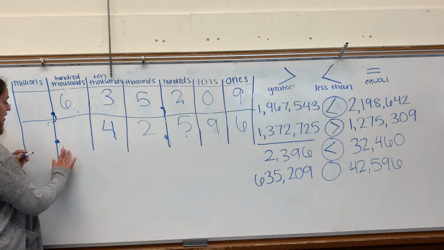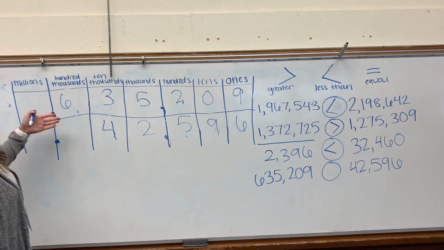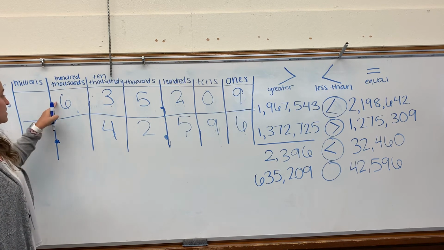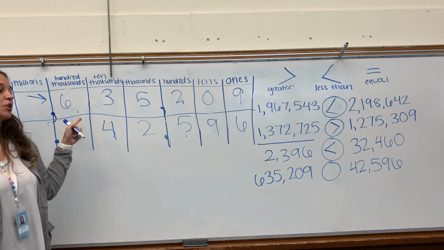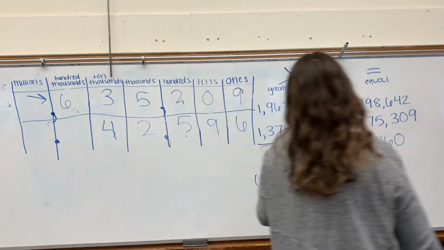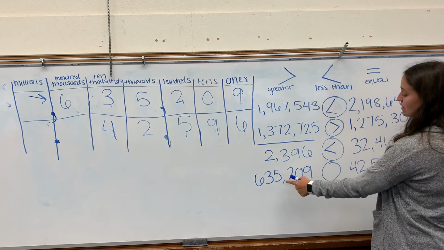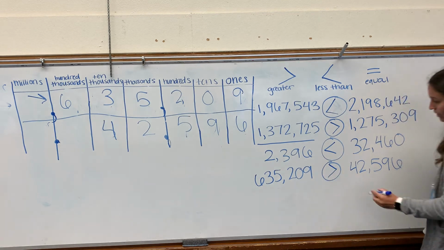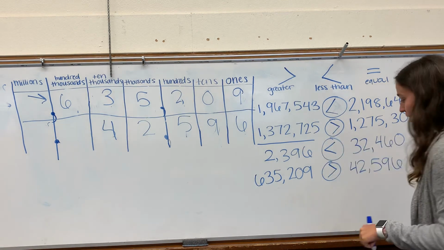We need to look at the largest place value, which is our 100 thousands. So we have a 6 and nothing at the bottom. 6 is larger than nothing, so this one is the larger number. So you should have said 635,209 is greater than 42,596.